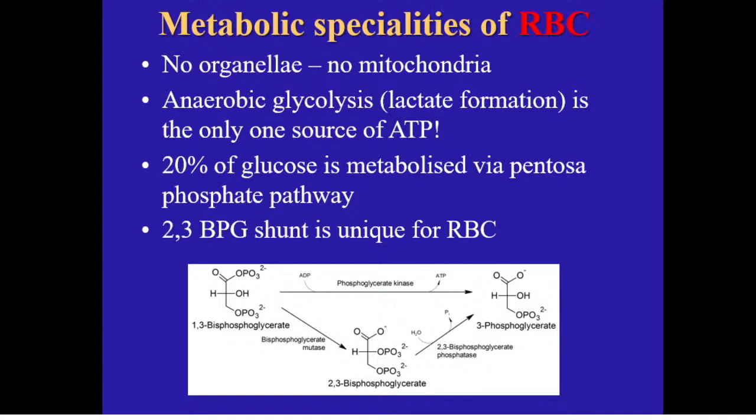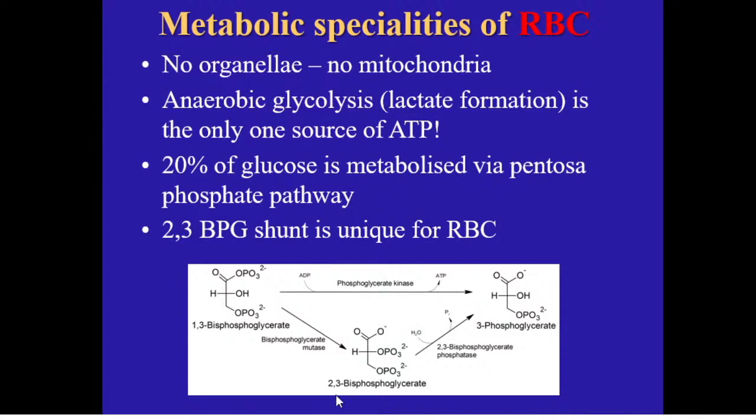In this reaction, normally 1,3-bisphosphoglycerate was converted to 3-phosphoglycerate, and this was the first reaction of substrate-level phosphorylation. You can see that ADP in this reaction is converted to ATP. If you remember, two molecules of bisphosphoglycerate are converted to two molecules of 3-phosphoglycerate, because previously glucose was cut into two trioses.